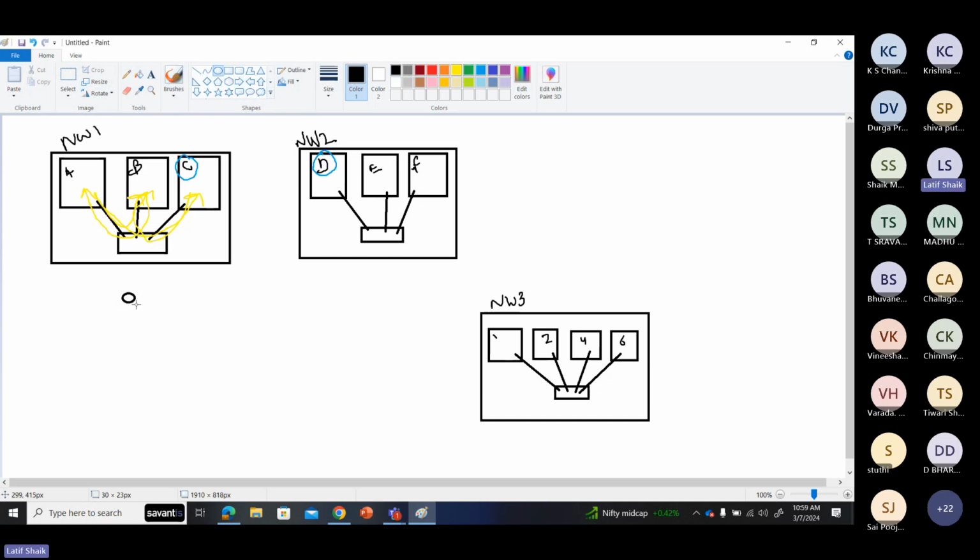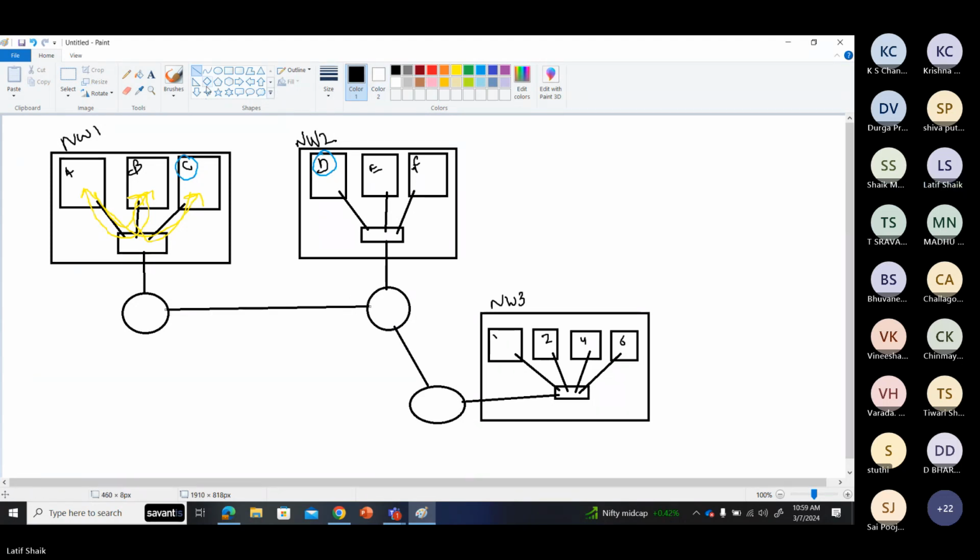So what I'm trying to do is connect these networks together, so we are able to communicate between the networks. You know what is meant by internet? Network of networks. Internet, network of networks.